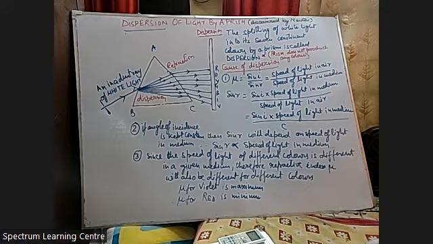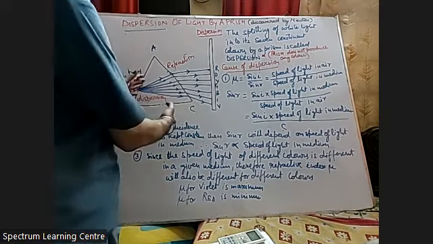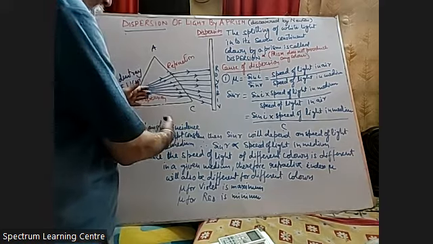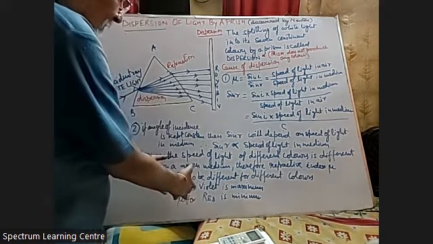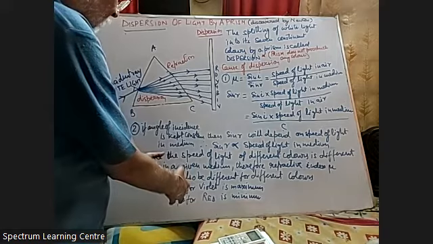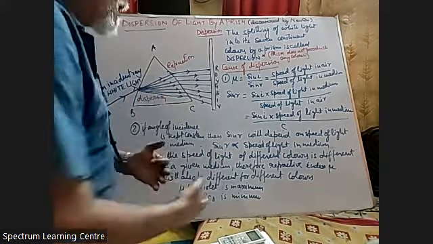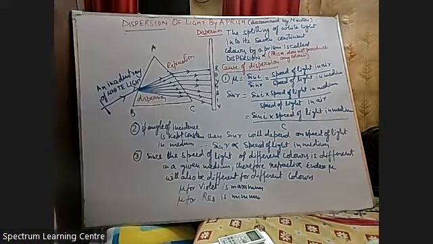And what do you mean by prism does not produce any color? See, white light contains these 7 colors. The job of the prism is to split them. Prism itself does not produce any color.